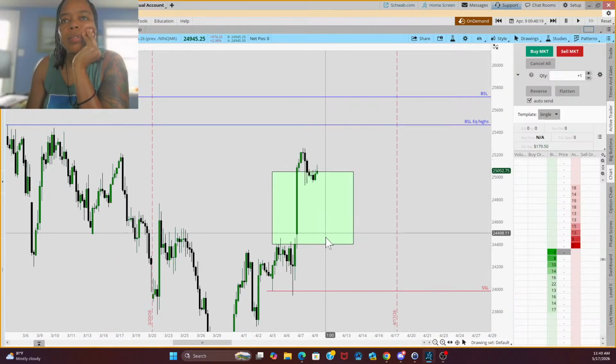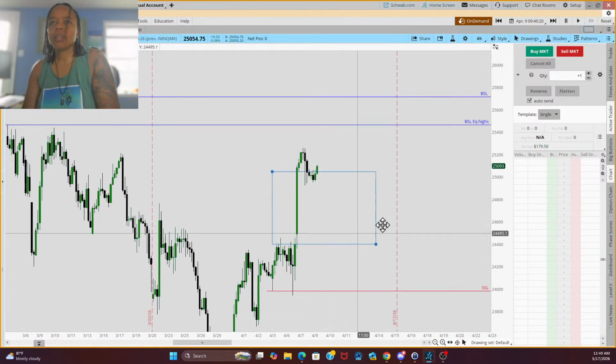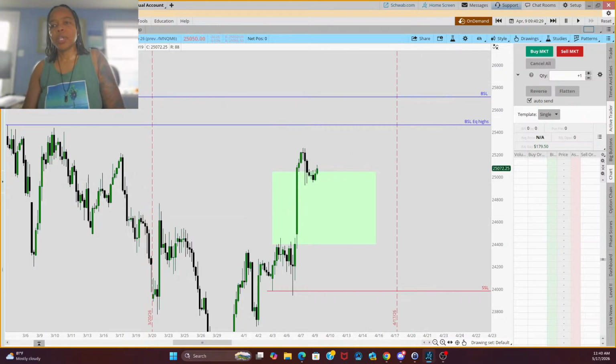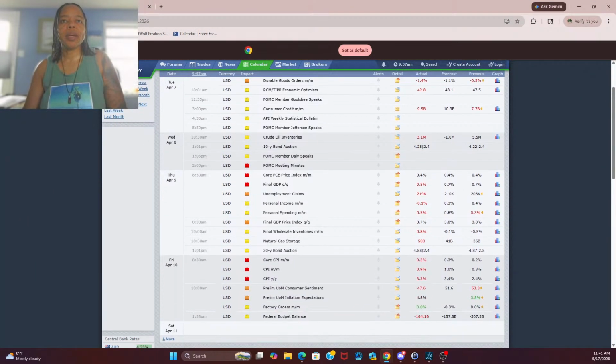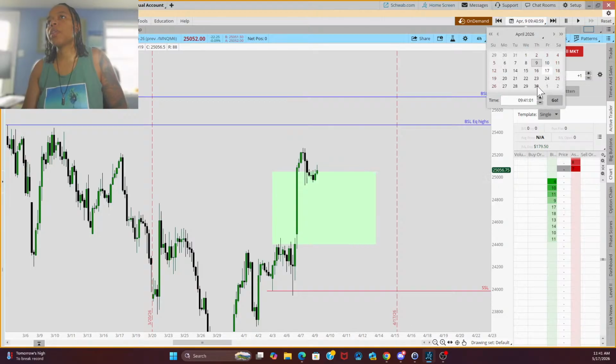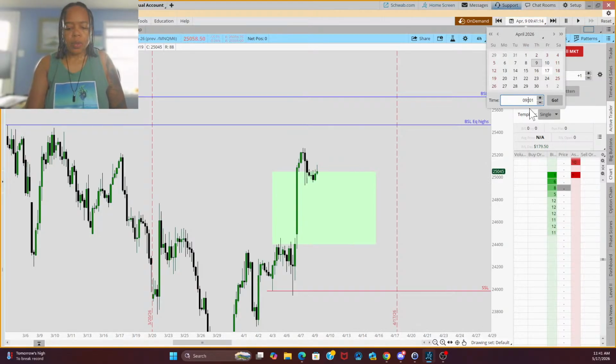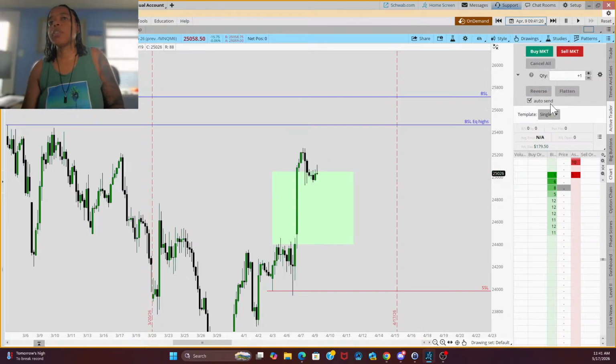This giant fair value gap is honestly annoying me. Let's see if there's any news. So we had FOMC the day before. So we had 8:30 core PCE and nothing else. Great. So we can just nip this forward to 9:45. We're still bullish. And let's see what we can work with.